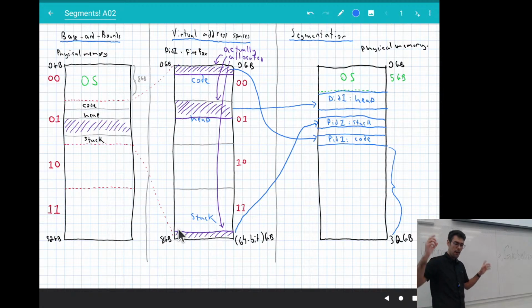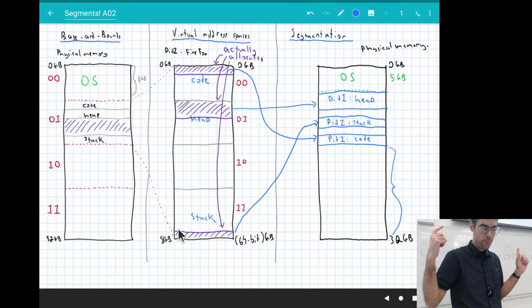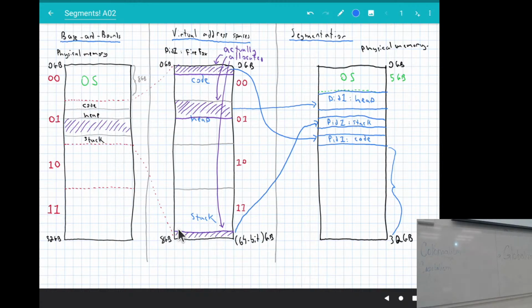So I'm going to leave this up here for a second. And I want to emphasize here, we are no longer allocating entire virtual address spaces. We're just allocating the parts of the address space that we are actually using for the process. And we're putting those actual allocations into physical memory.